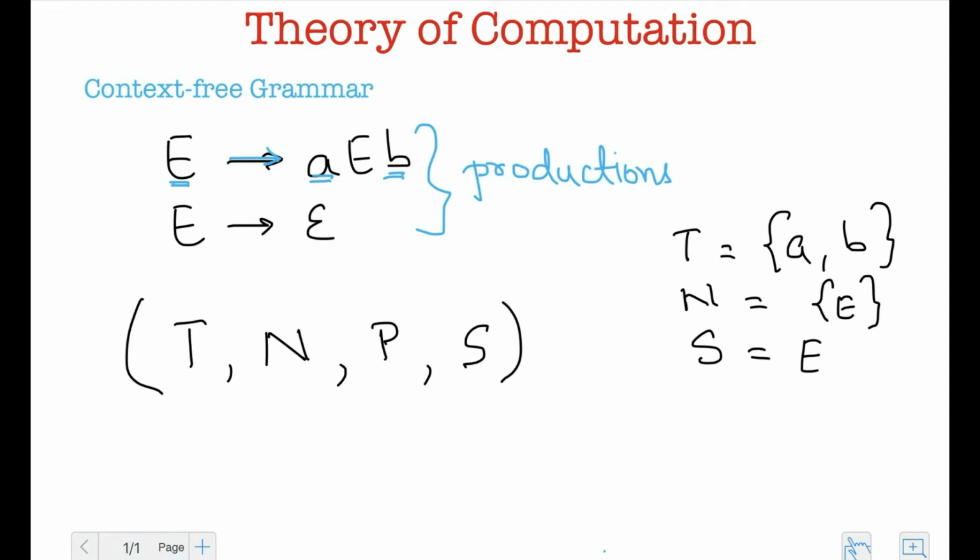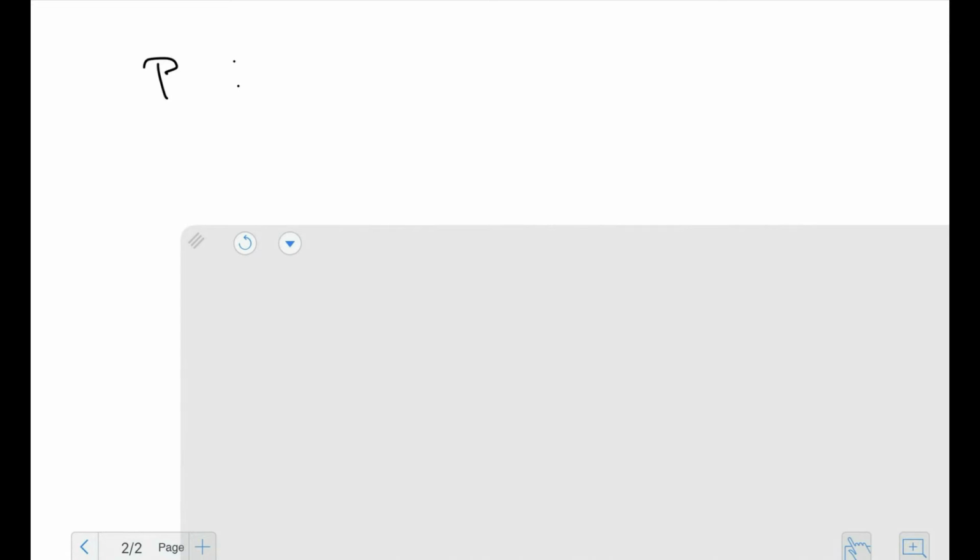But let's look at something about production rules. We need to formally define production rules. Production rules are just a function from our non-terminal symbol. On the left side it would be just one non-terminal symbol.